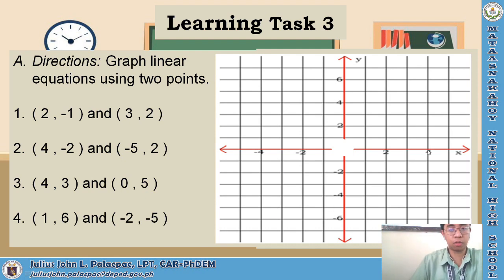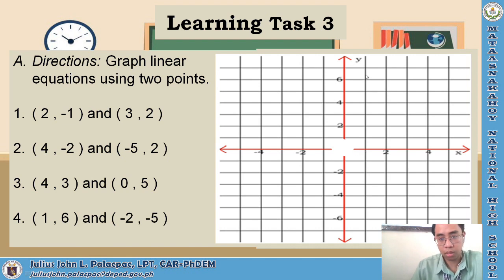4, 3. So +4, 3 here. The first point is here. The second point is 0, 5. So we will graph the point on the y-axis. So 0, 5. So 4, 3 here and 0, 5. Connect those points to have the line. 1, 6.